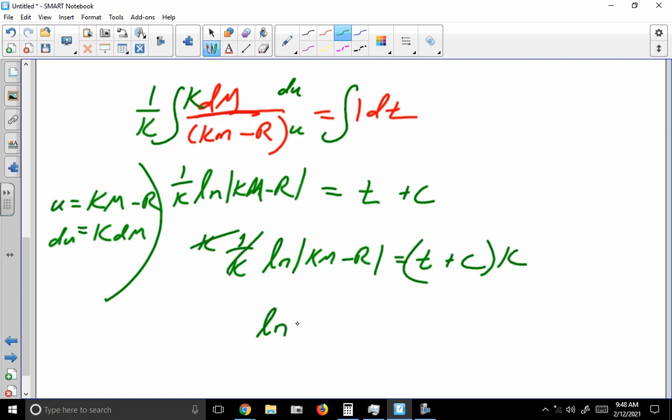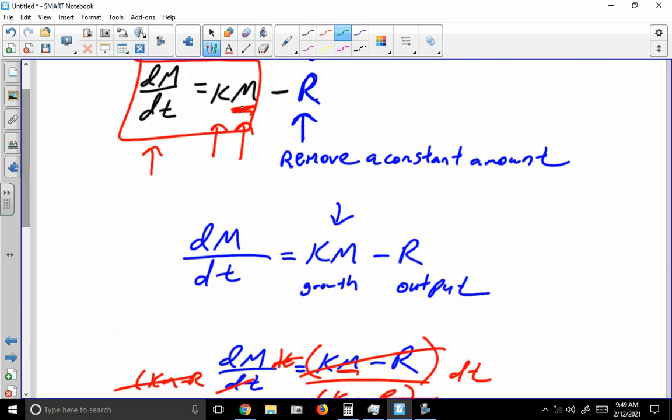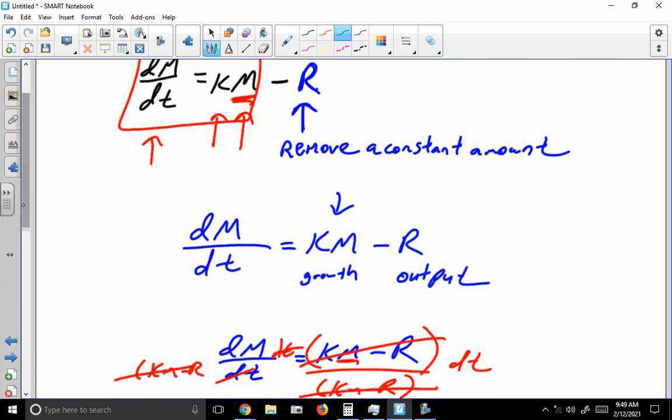So natural log, and I'll be careful saying that. km was the amount of growth, r was the amount that we're taking out. So it could be that that's negative if we're taking out more than is growing.